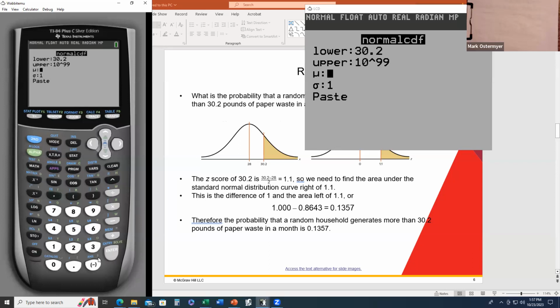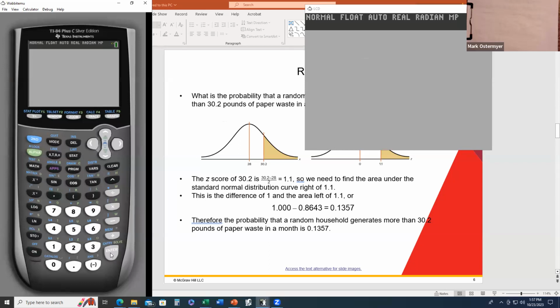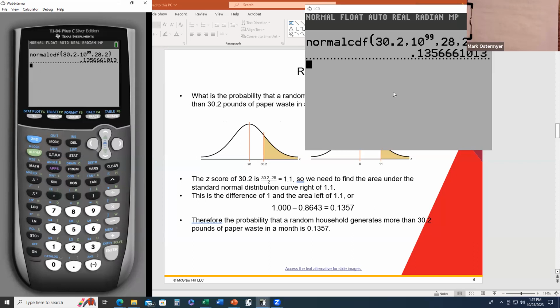The mean of this distribution is 28 pounds of paper waste per month. The standard deviation is 2 pounds per month. Hit enter. Boom, you got the probability. So there's about a 13.5% chance that when we randomly select a household, that household would produce more than 30.2 pounds of paper waste per month.